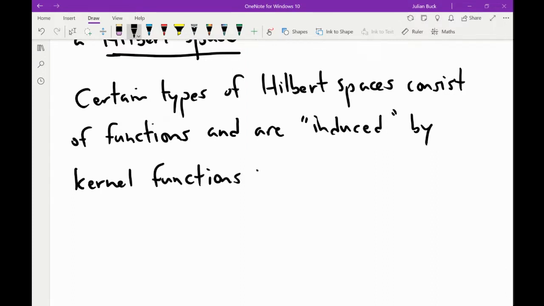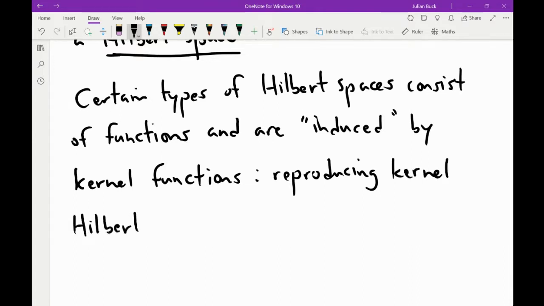And these types of Hilbert spaces are what are called reproducing kernel Hilbert spaces, RKHS.